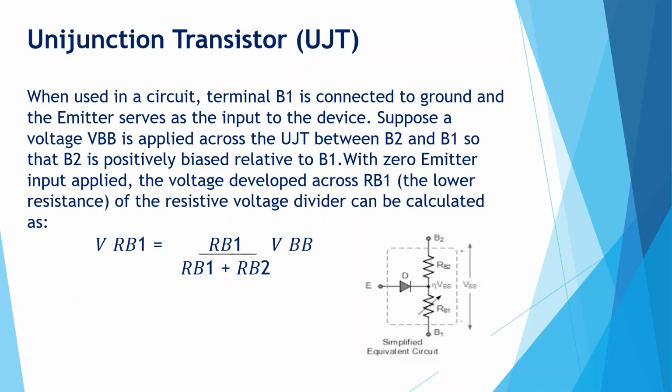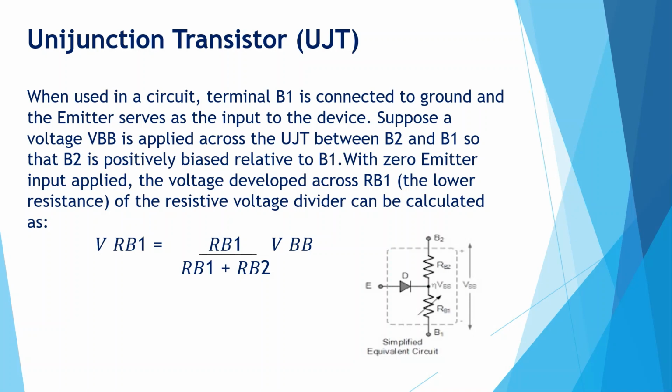Now to switch the device from the off state to the on state, we have to give an emitter potential such that it overcomes the barrier potential. What is the barrier potential? It is the voltage drop across RB1, given by VRB1.